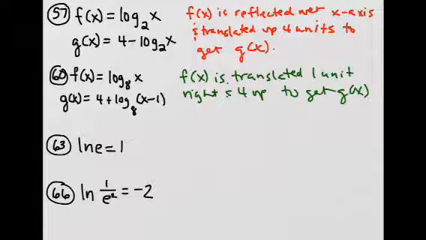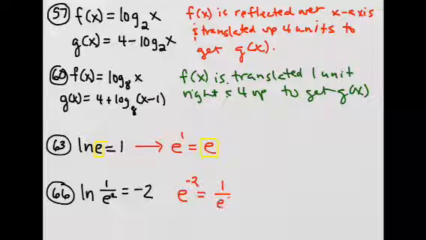So for number 63, this becomes base e to the first power, because that's your exponent, equals e. Let me highlight it. This e right here is this e right here. For number 66, the base is e, the exponent is negative 2, and it equals 1 over e squared. Okay, that's that.